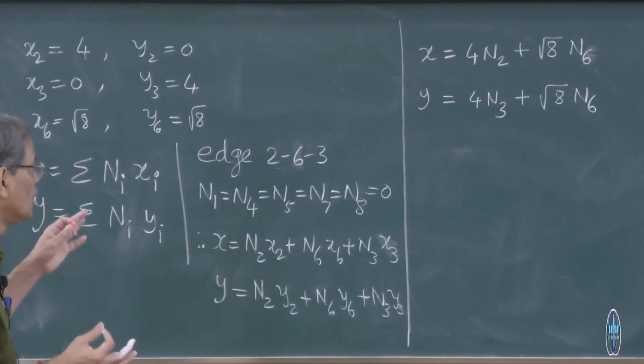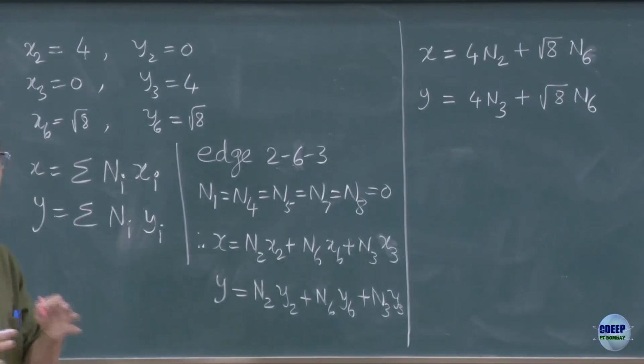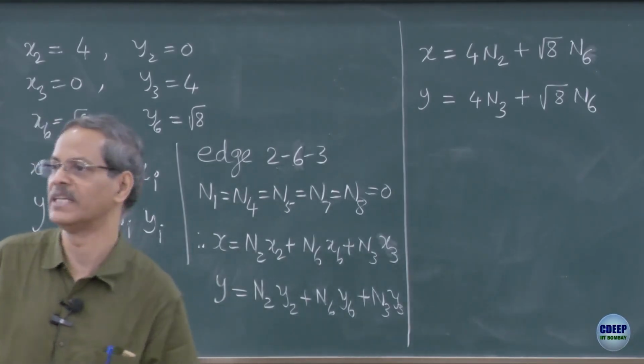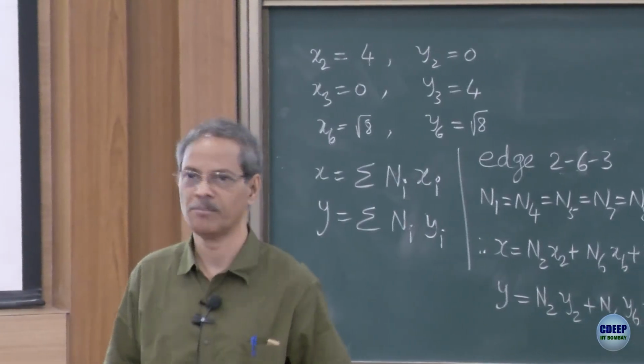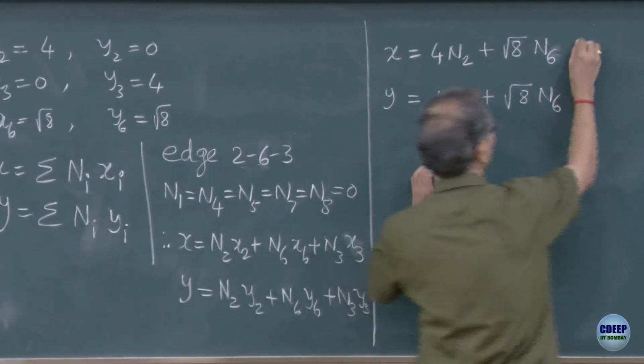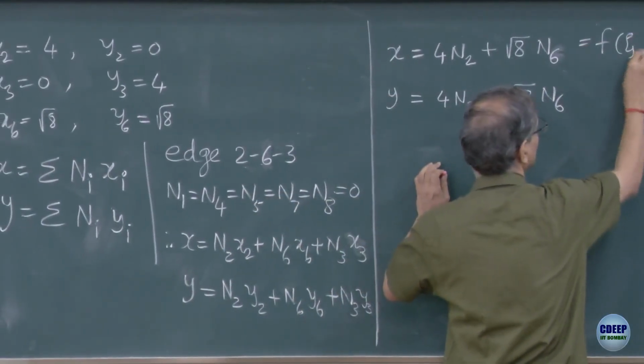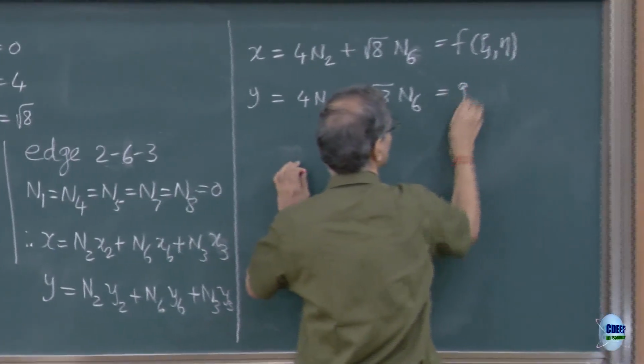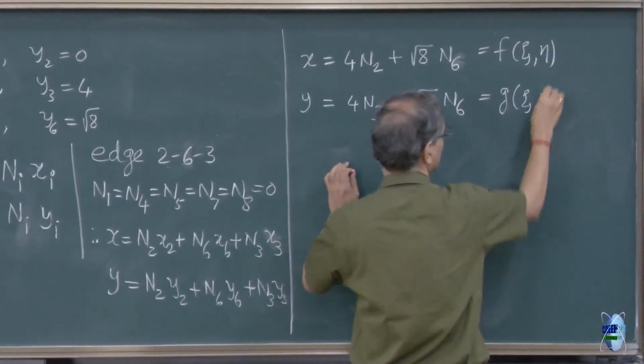So you can now sit down. I would leave it to you for completing it in your room. Is the method clear, right? So all of these are functions of zeta eta, this is some function of zeta eta, this is some function of zeta eta.